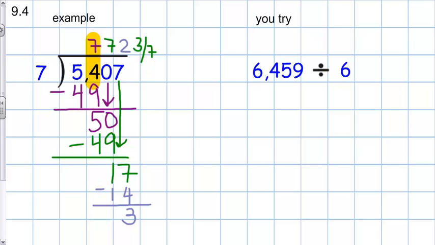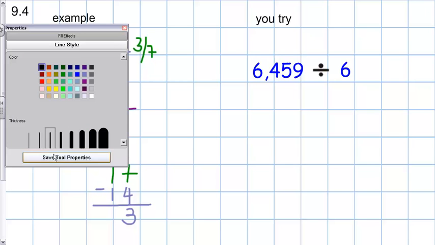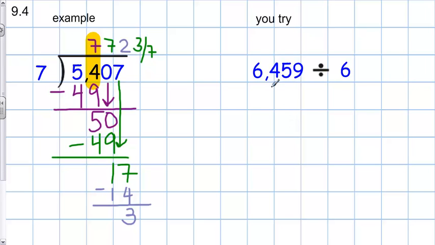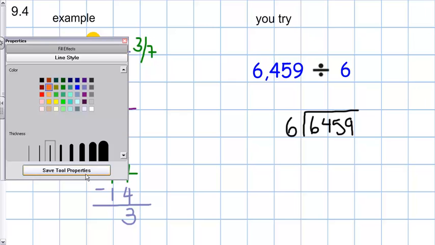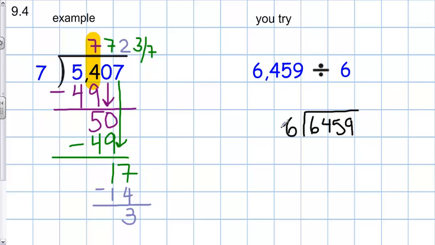All right, first thing I'm going to have to do for this problem is I'm going to have to rewrite my problem. So my dividend, 6,459, is going to be divided by my divisor of 6. I'm grouping 6 into 6. 6 goes into 6 one time.